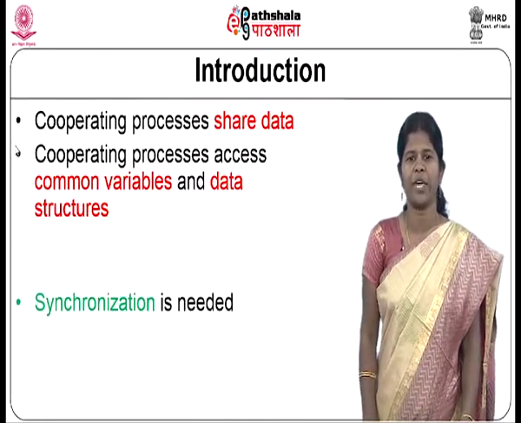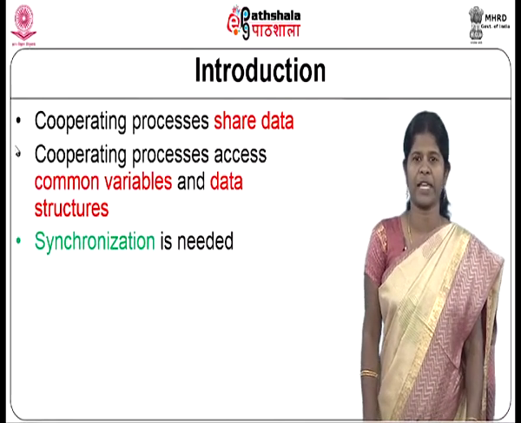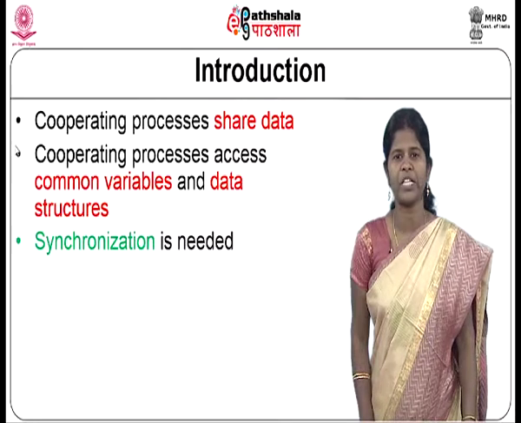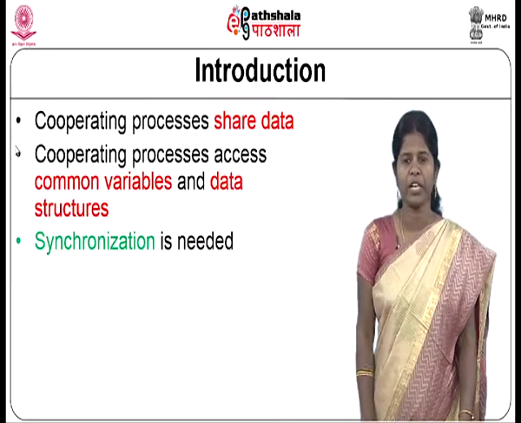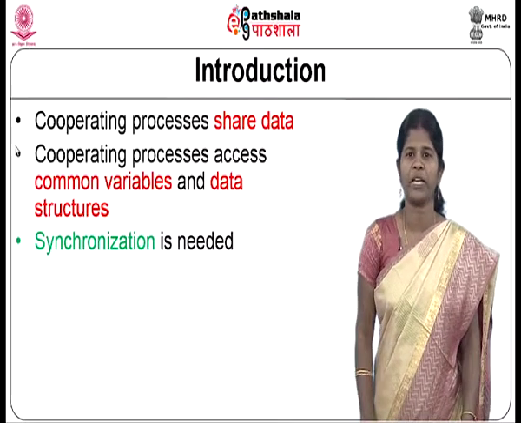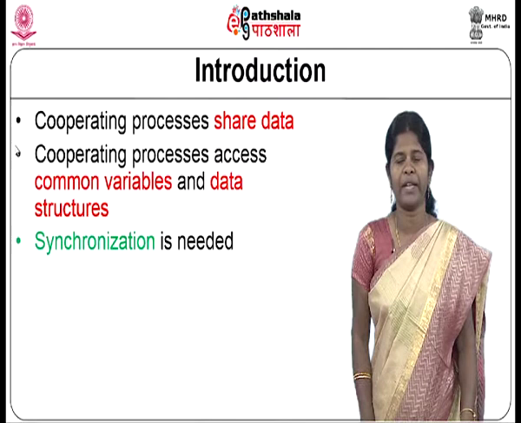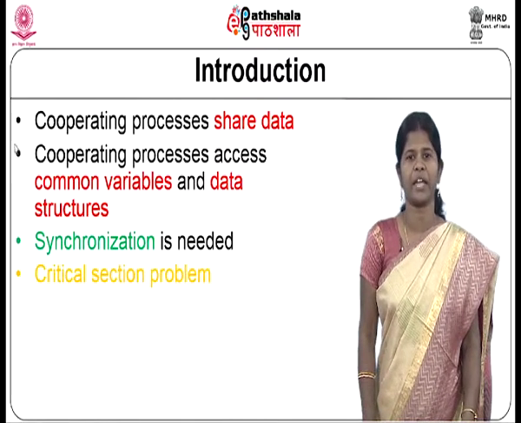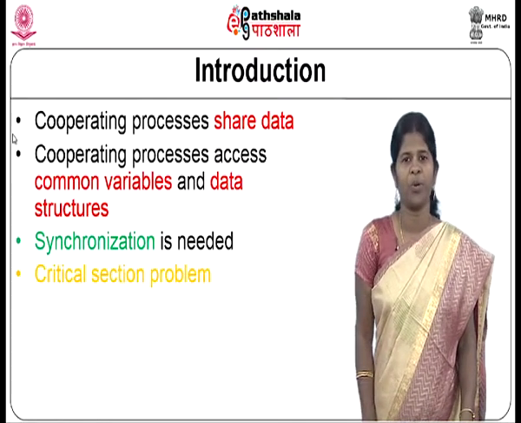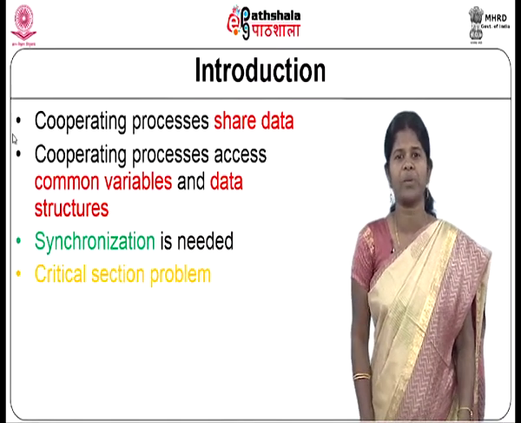These variables and data structures that the processes access have to be synchronized properly. If synchronization is not done properly, the processes may try to overwrite the variables, or the data may result in inconsistencies.